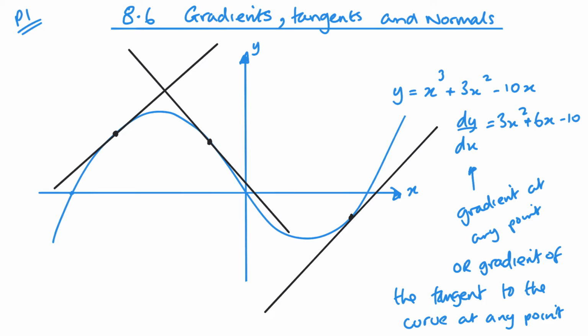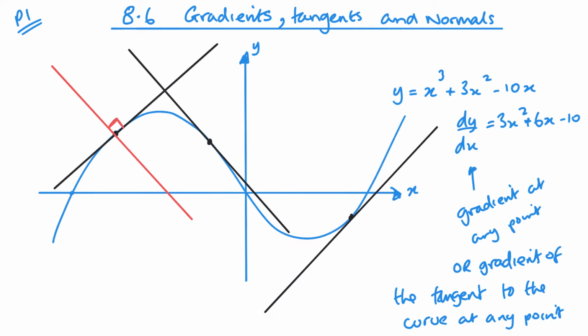Now, what about a normal? A normal is a perpendicular line. It's a line that's perpendicular to the tangent. So if I look at one of my points here, and I'm going to draw the normals in red just so that they stand out a little bit better, this will be the normal at this point.